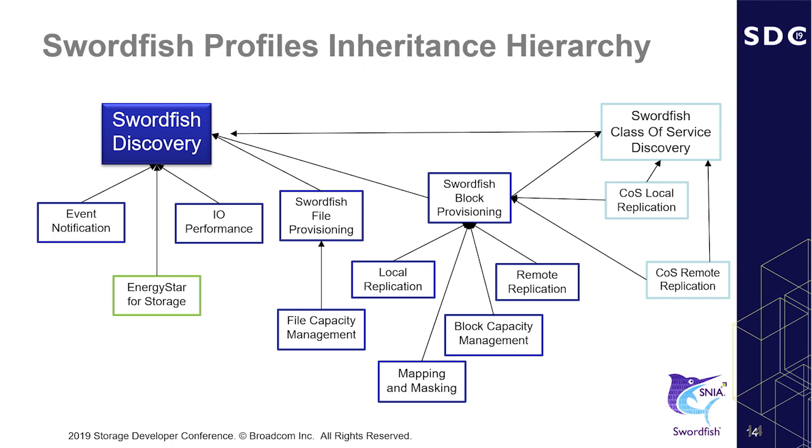Okay, and then there were a couple of things over here that ended up specifically in the class of service, and they're duplicated, which is the replication. That's actually because the replication works differently over there. Even though it's basically still advertising replication capabilities, the underlying schema requirements were radically different. So we ended up with different profiles for those.